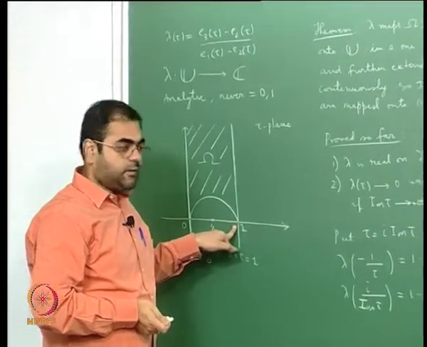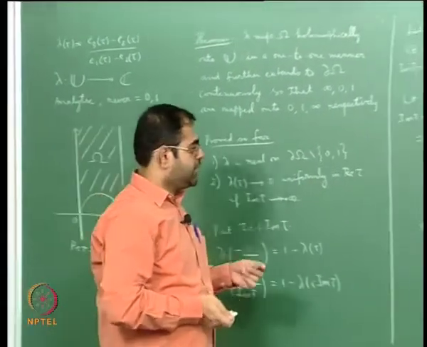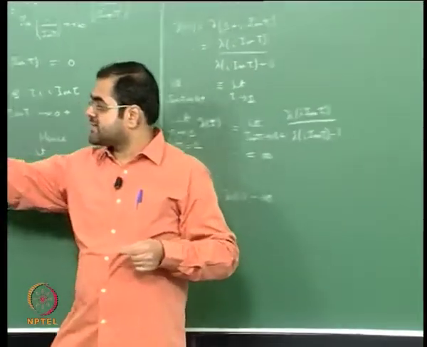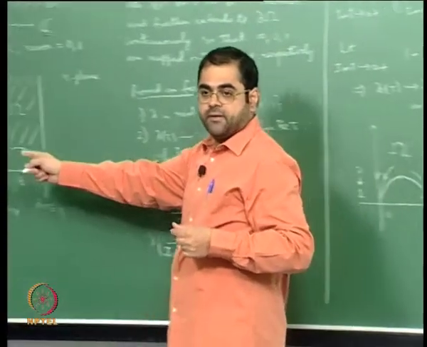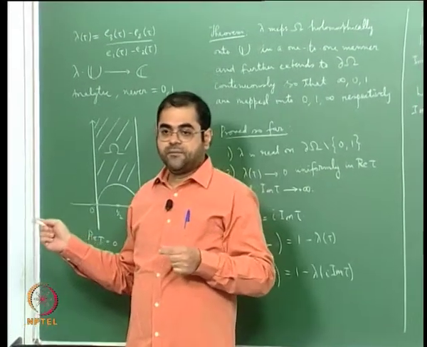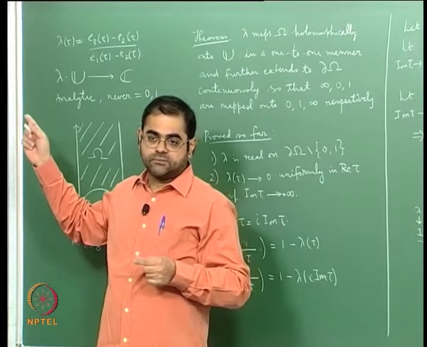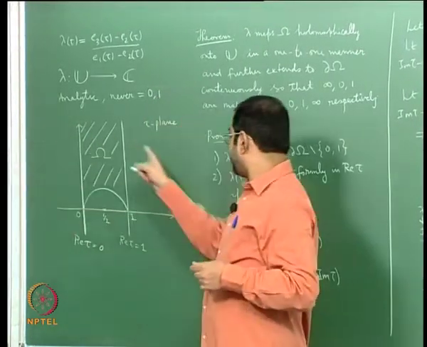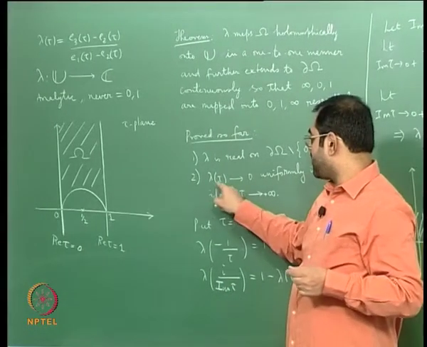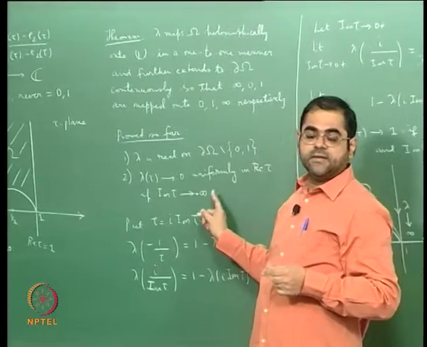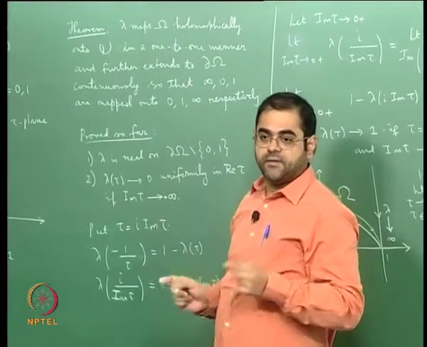You must always remember that since omega is an unbounded region, when we take the boundary of omega, the point at infinity also has to be taken into account. We have already taken that into account when we proved that lambda of infinity is defined as 0.